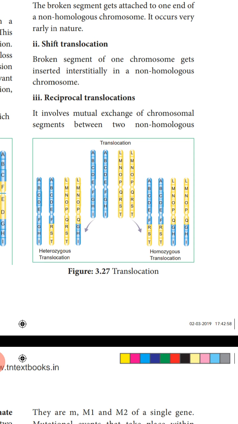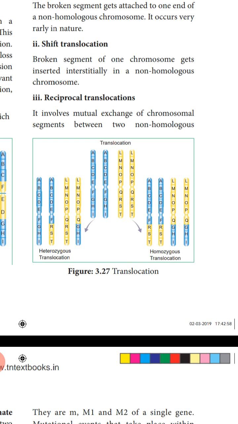Here in the blue we have the sequence A B C D E F G H I, whereas in the yellow we have L M N O P Q R S T. So what is happening? A B C D E F, after F the break takes place and the segment GHI is transferred to the non-homologous chromosome.